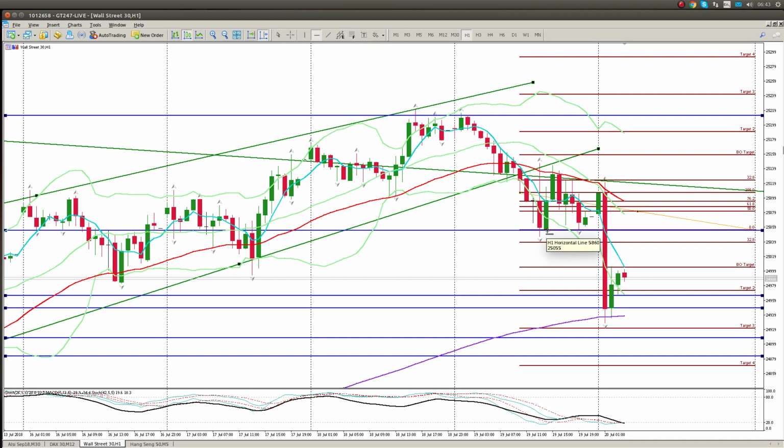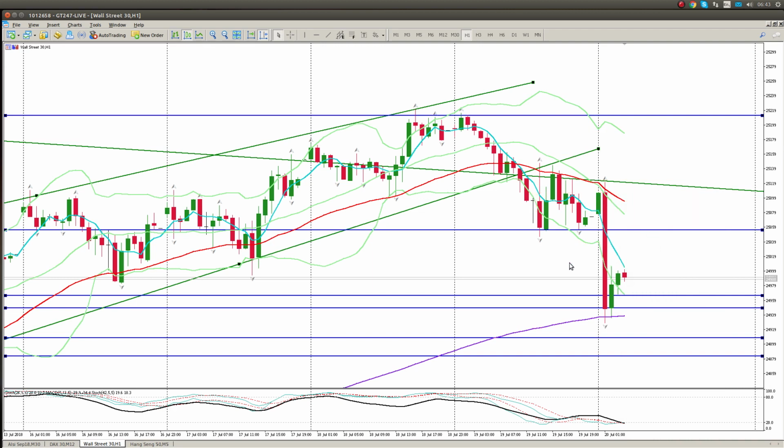So that's the underside. Okay, let's delete this now. Right, so it would be nice for us to get a retest of this break, which is 25,056. Get a retest of this break and then move to the downside, which is possible looking at the oscillators, but I'm not really prepared to short at this level.